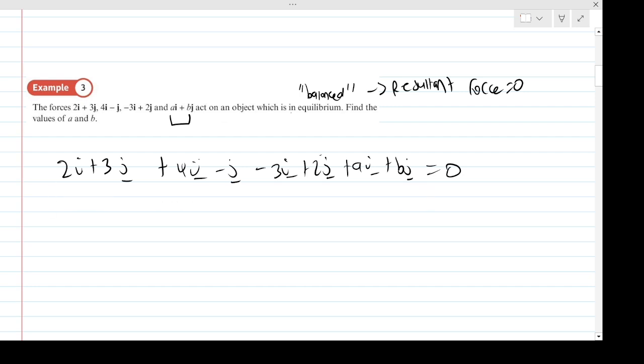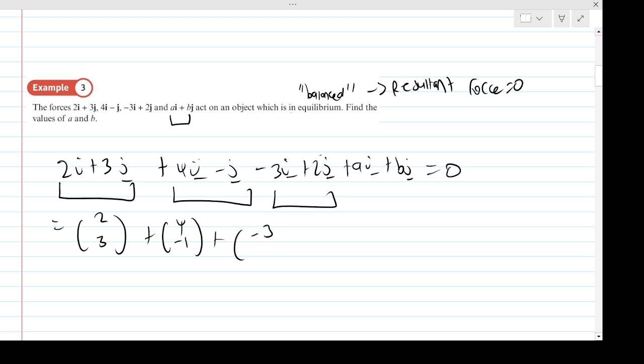Just think about it as collecting like terms. But to make my life easier, I can convert all of this into column vectors. So this vector 2i and 3j is 2, 3. And then 4i minus j is 4, minus 1. And then we have minus 3i, so minus 3 and plus 2. And then this a and b.